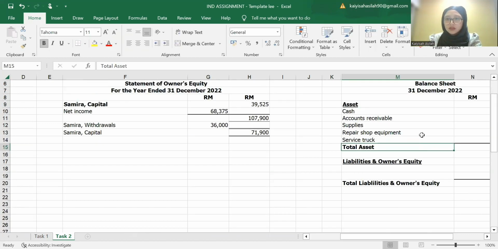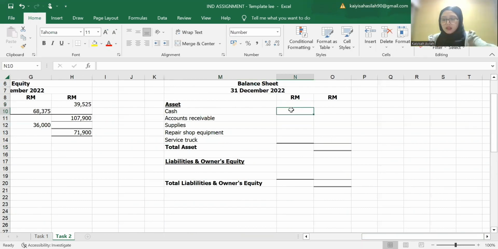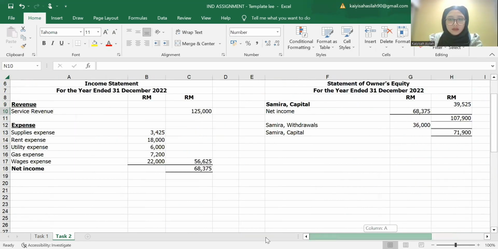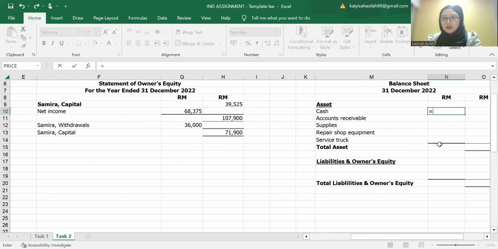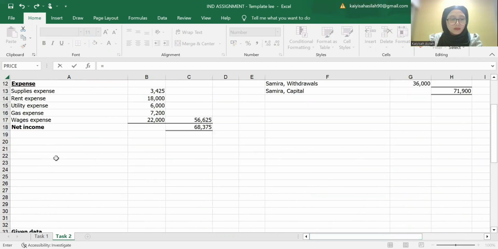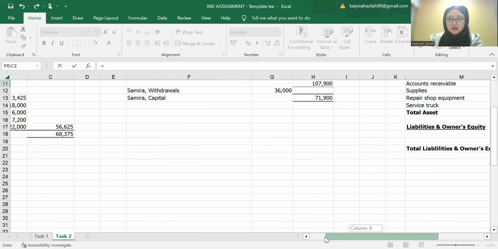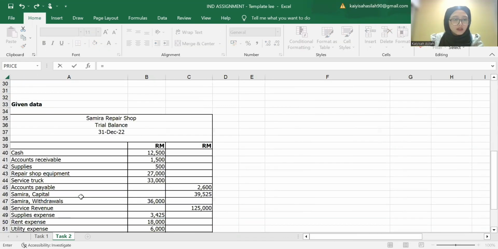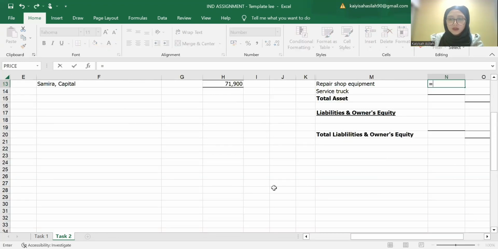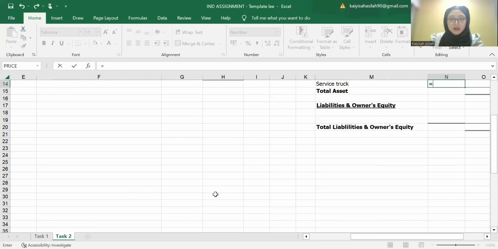Alright, so for debit and credit, asset is a debit, so it will be in the debit section. Equal first, cash, and then equal accounts receivable, enter, and then equal again, supply, enter, and then equal again, repair shop equipment, and equal, the service truck.